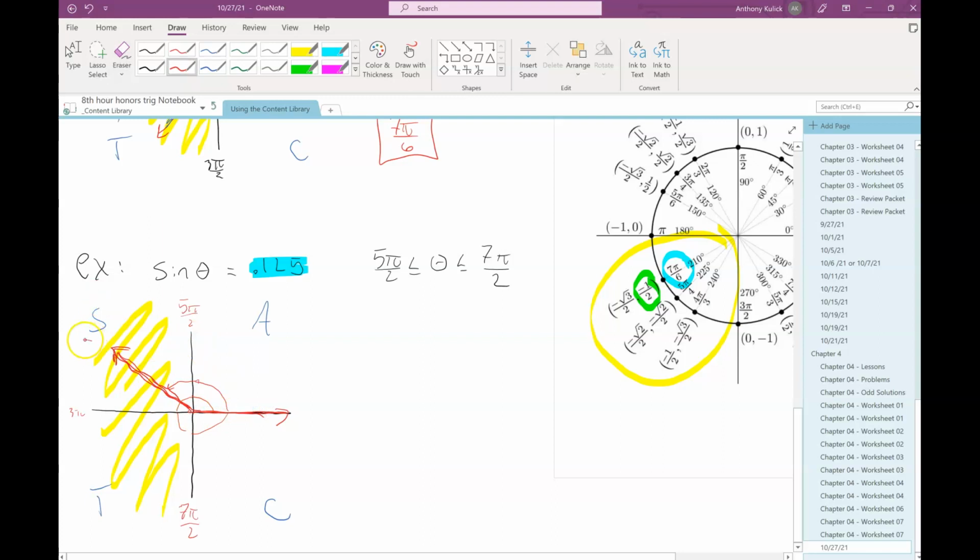S tells me that sine is positive in the second quadrant, so that's why I chose the second quadrant. In the third quadrant, tangent is positive, so sine and cosine are negative, so I know it's not going there. 90 degrees is half of a pi, so I just count it around. So far so good?